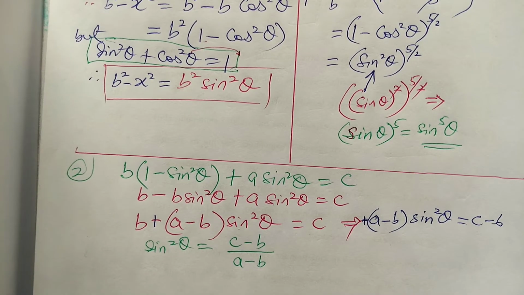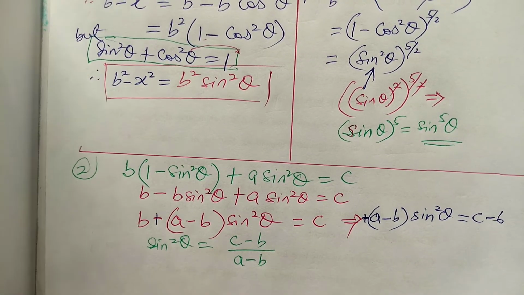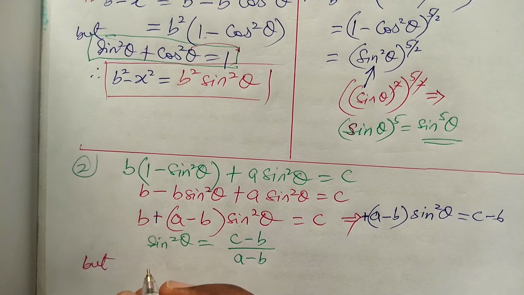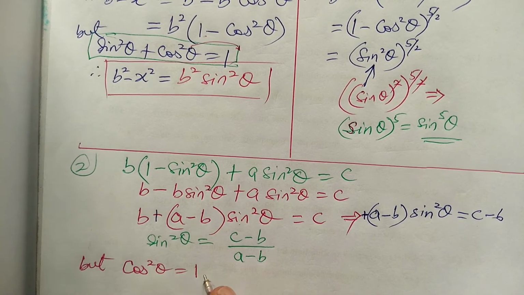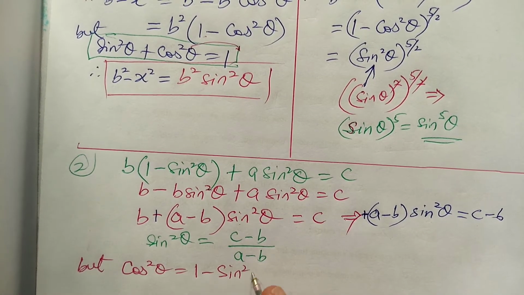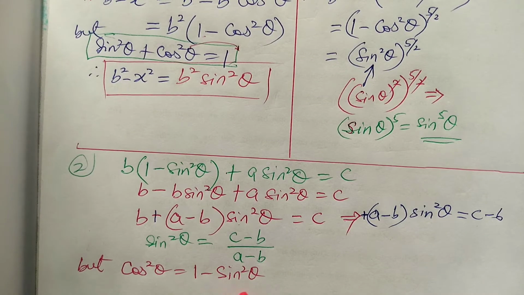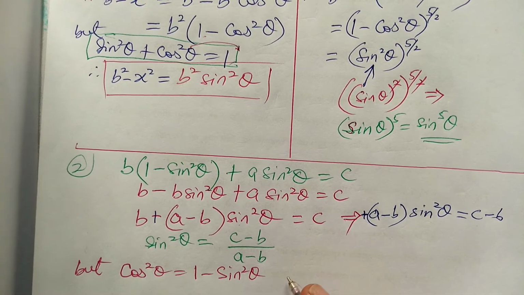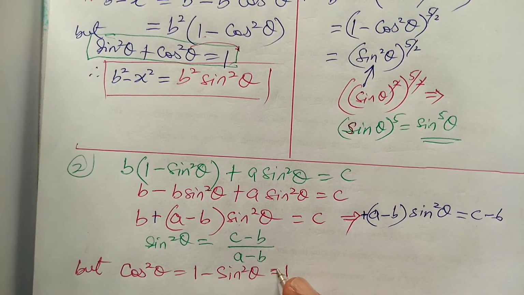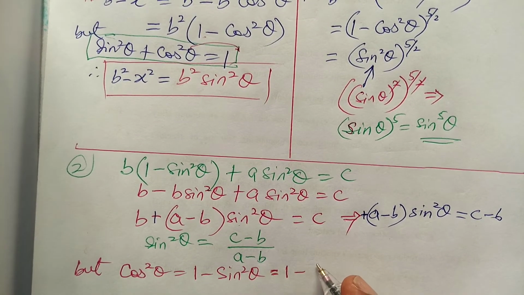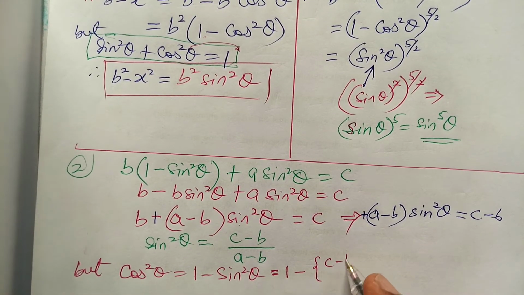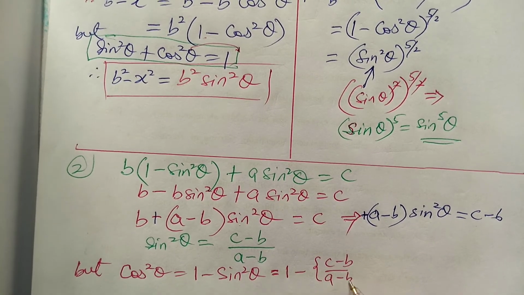We will now use the fact that cos squared theta is equal to 1 minus sin squared theta. So cos squared theta is 1 minus c minus b over a minus b.